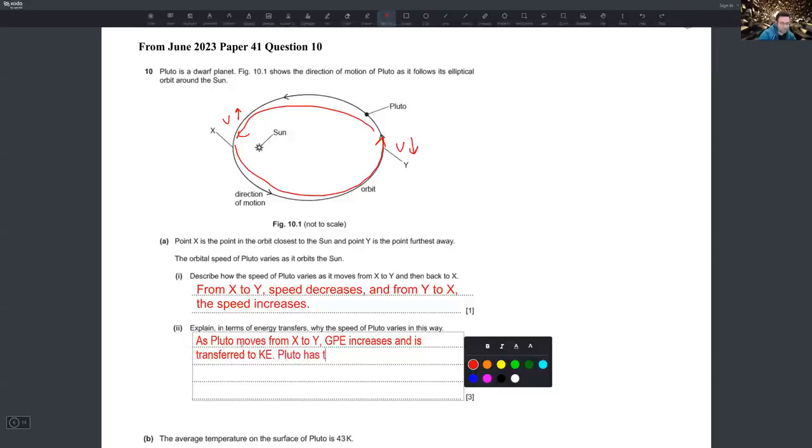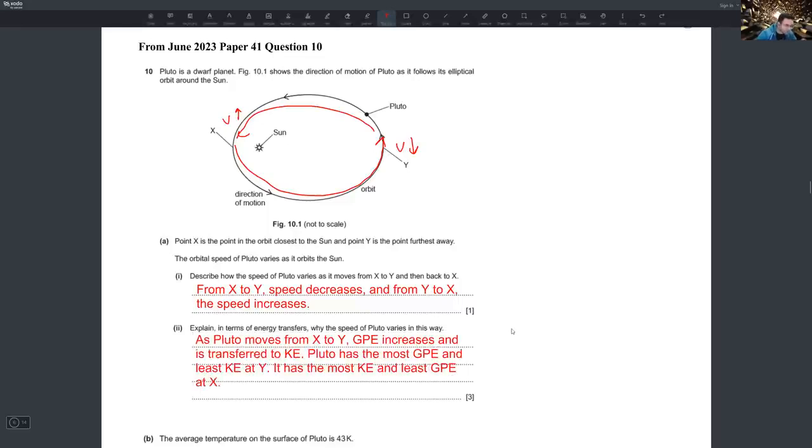Pluto has the most GPE at Y and the least kinetic energy at Y. It has the most kinetic energy and least potential energy at X.